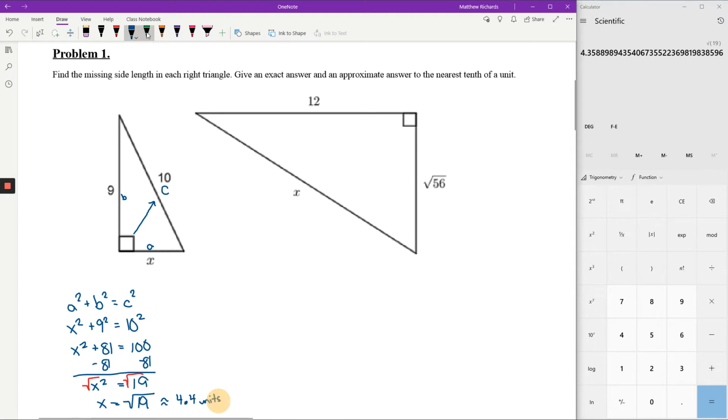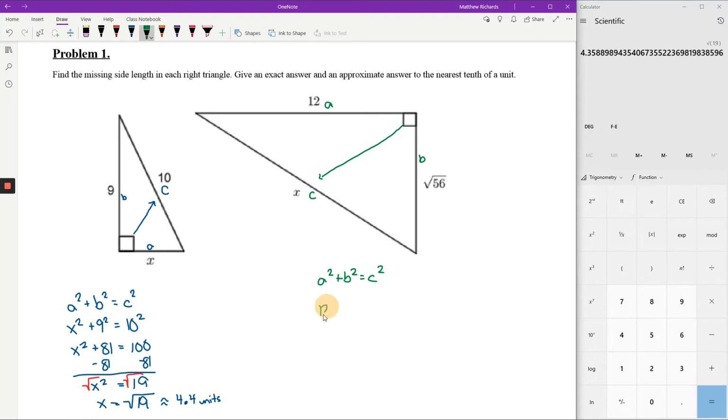And so now as we go to the next one, again, opposite of the right angle is going to be our hypotenuse here, C. And I'll label my other sides A and B. So once again, A squared plus B squared is going to equal C squared.